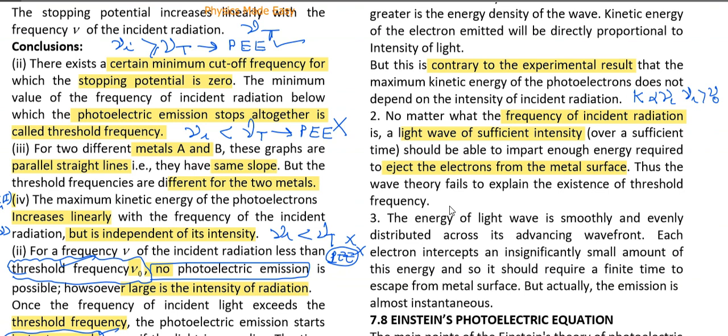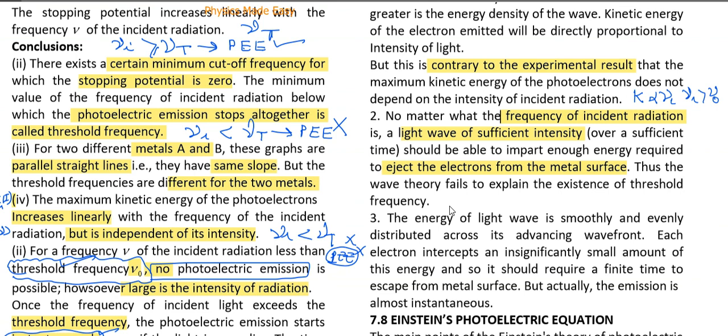You could have done this in your lower classes. If you take a convex lens and a piece of paper, and keep on focusing light on the piece of paper, after some time the piece of paper will start burning. If the converging power of the lens is more, then it will take lesser time.